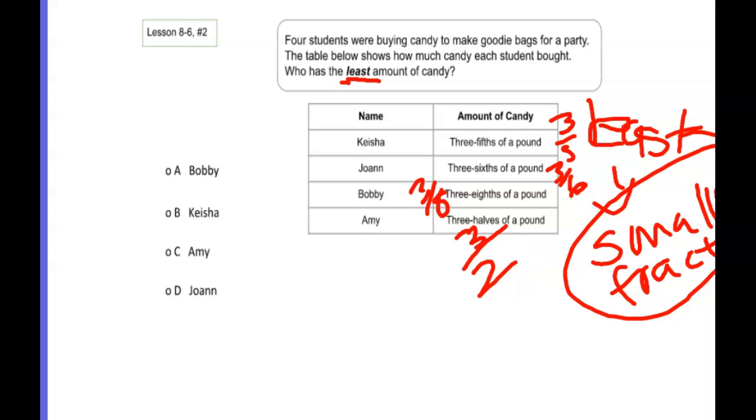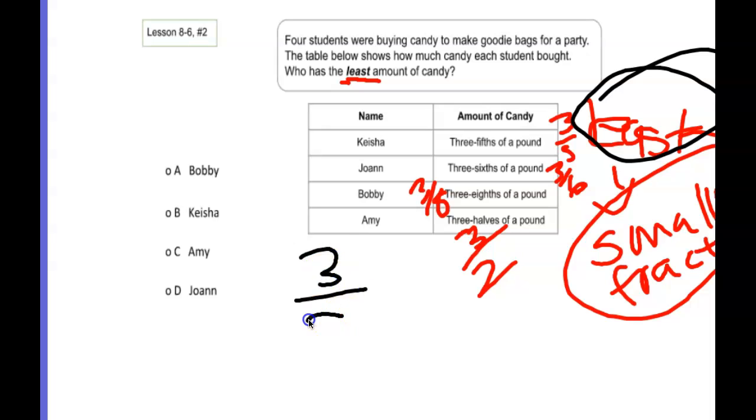So we're trying to figure out who has the least. You always start with two, and think of it like a boxing game if you're trying to find the smallest. We're just going to keep working it out to see who has the smallest fraction. That's the biggest thing. So we're first going to do 3/5 and 3/6.